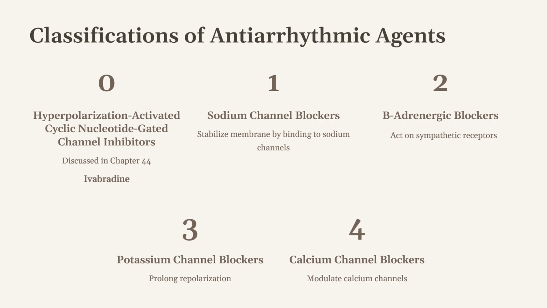Y'all knew that. The sodium channel blockers, the beta blockers, potassium channel blockers, and calcium channel blockers, which makes sense because I said sodium, potassium, calcium, magnesium, all those things can affect our conduction. So if I am affecting that, I'm going to affect the conduction itself. Okay.